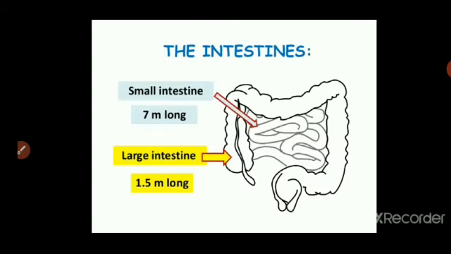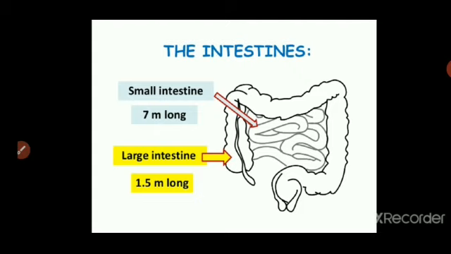Now coming to the next part, that is the intestines. The intestines are a long tube-like structure. We have them divided into two categories, the small intestine and the large intestine. The small intestine is the largest part of the alimentary canal.